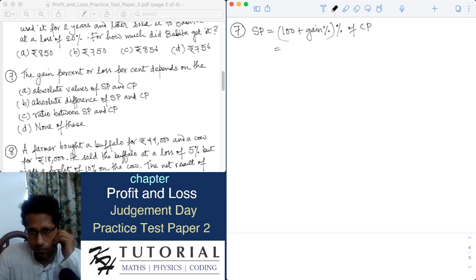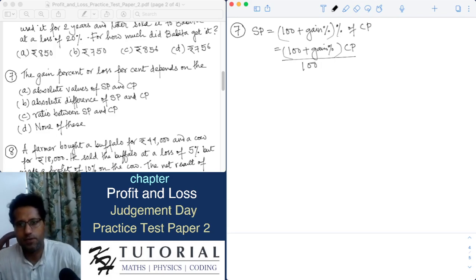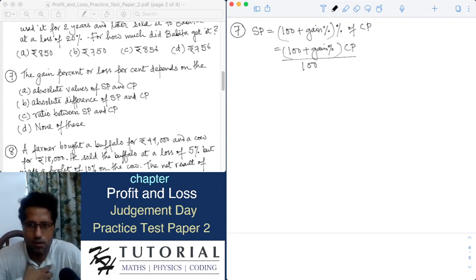Now this is equal to 100 plus gain percent multiplied by CP divided by 100. This is the very standard basic formula that relates selling price, cost price and gain percent.